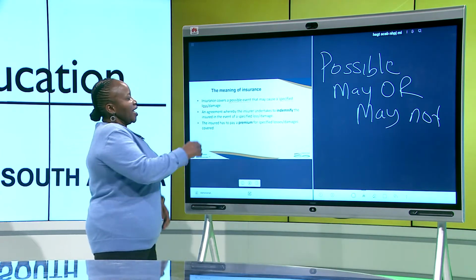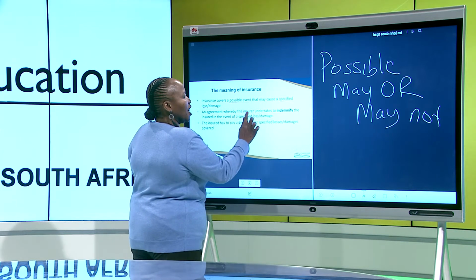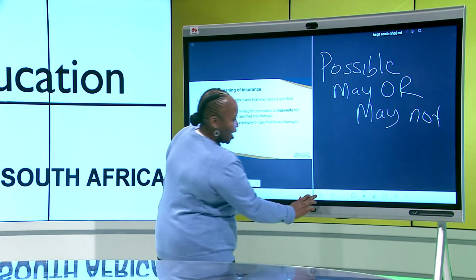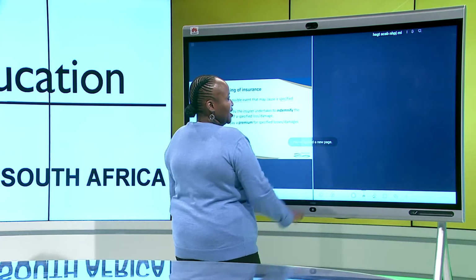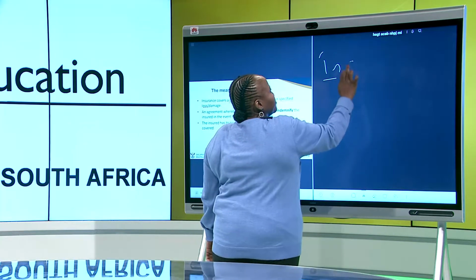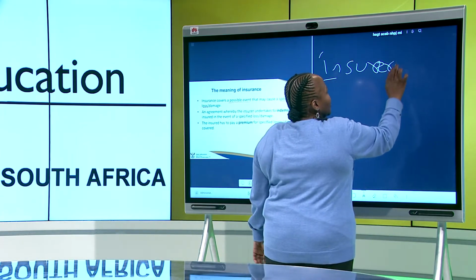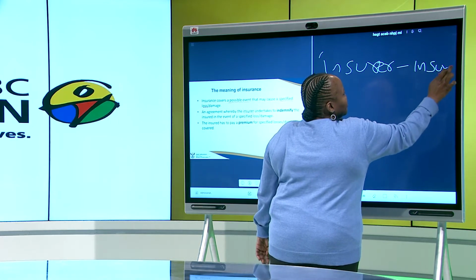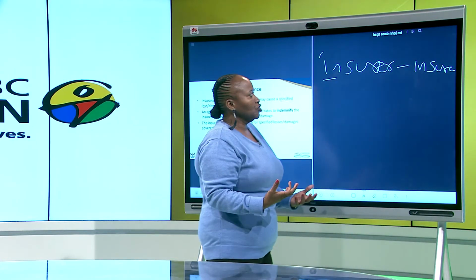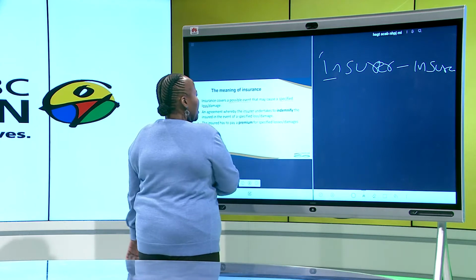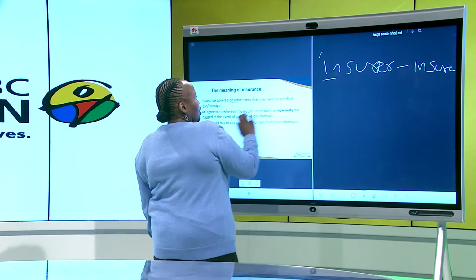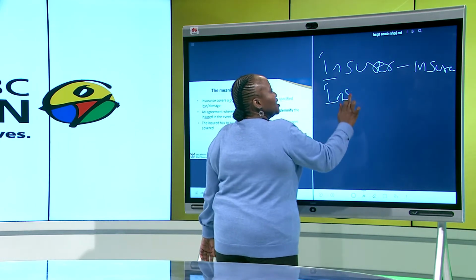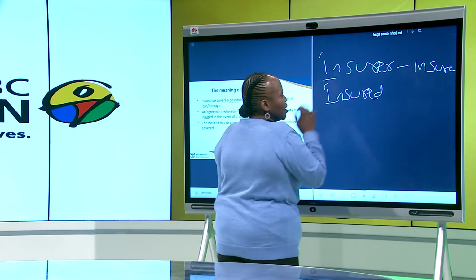An agreement whereby an insurer, what do we mean by insurer? An insurer is the insurance company. It can be Hollard, Old Mutual, all those. And then the insured, these are key words you must know.